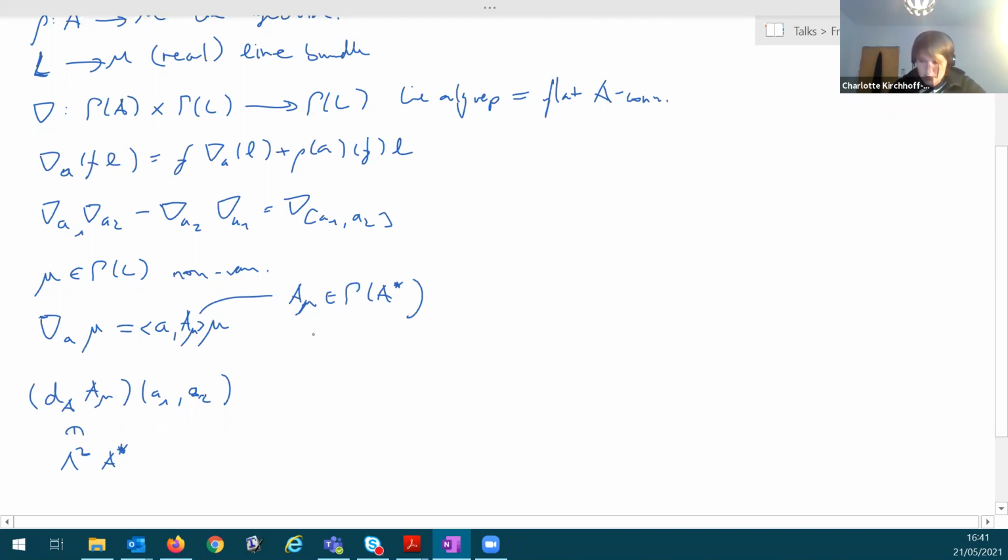So we can put in two Lie algebroid elements, and that's just defined this way.